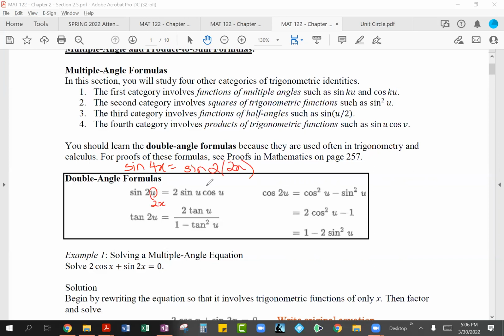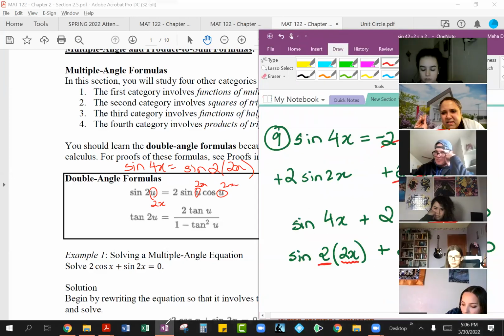Think of this guy as your 2x. So each one of these will become 2x. So that's kind of how we're going to break this down. Does that make sense? It's a little bit of trickery we're going to have to use here.